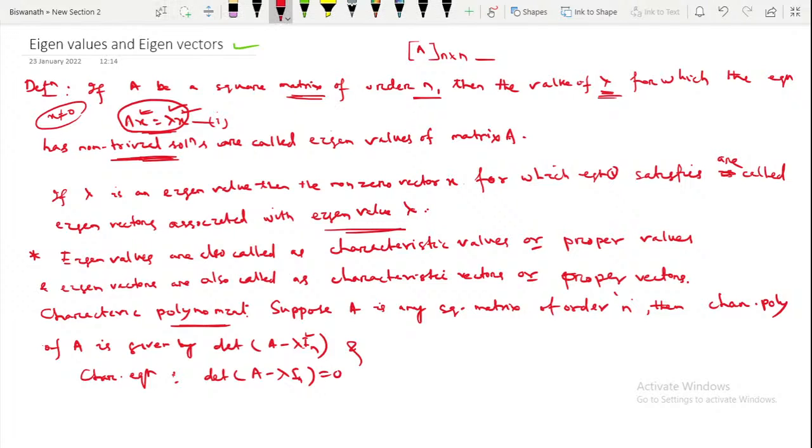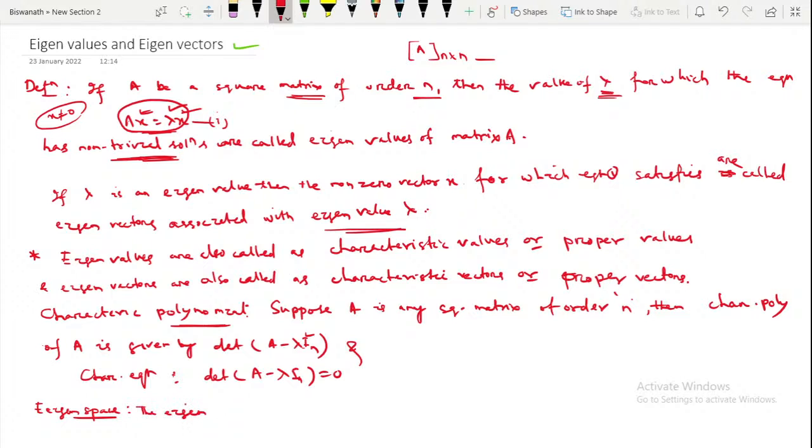Similarly, there is another definition. This is the definition of eigenspace. So what is the eigenspace?